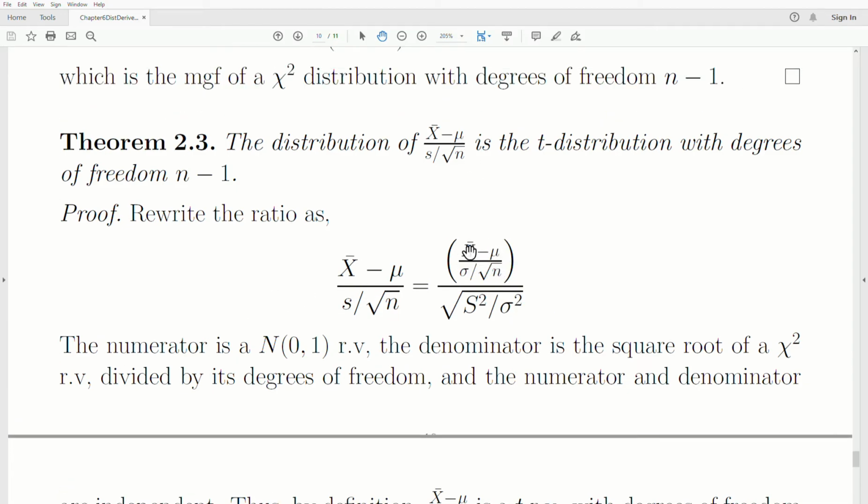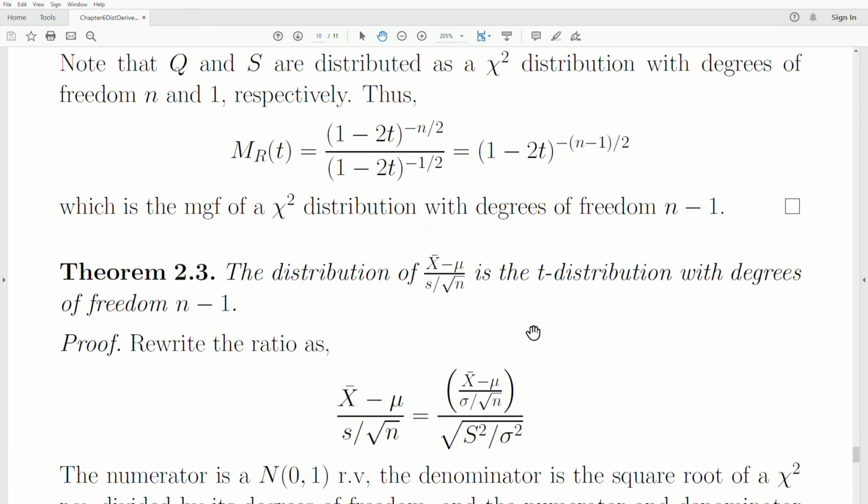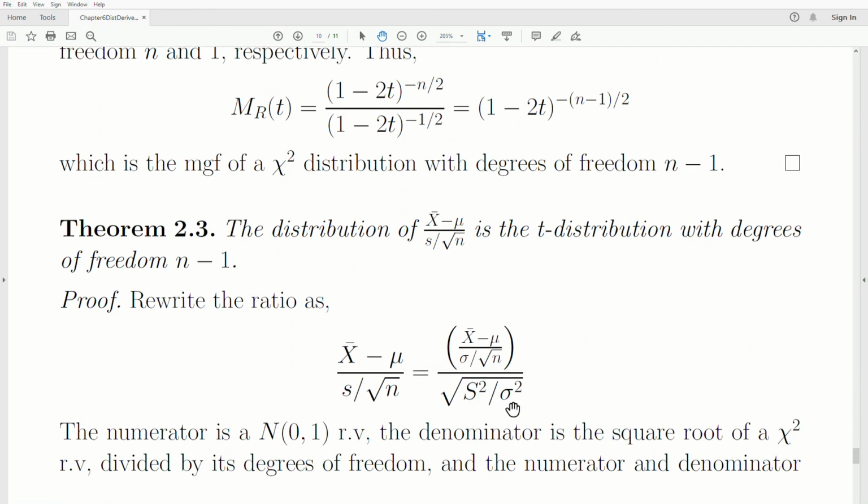Earlier we showed that the numerator is distributed as a standard normal random variable, and the denominator is the square root of a chi-squared divided by its degrees of freedom. Let's look at that first. If we look at this term here, and we take out the n minus 1 from the sample variance and then divide by n minus 1, then this piece is what we were calling R. We know that is a chi-squared with n minus 1 degrees of freedom.